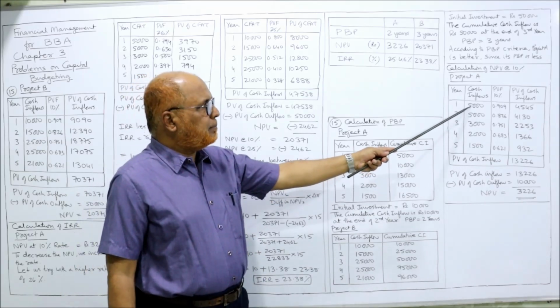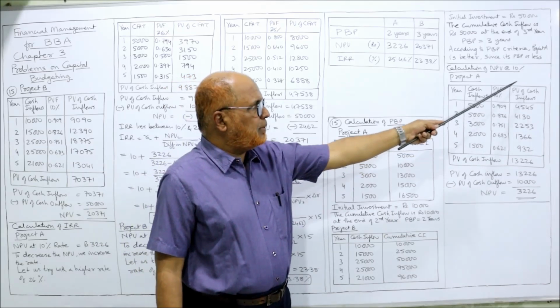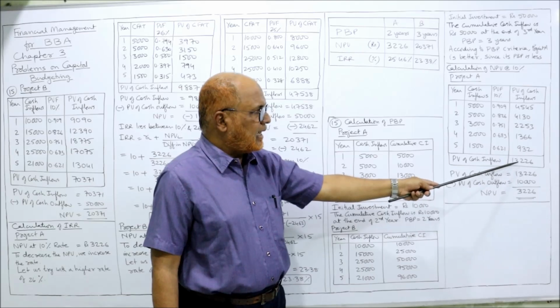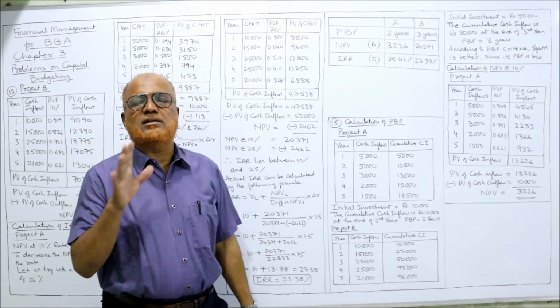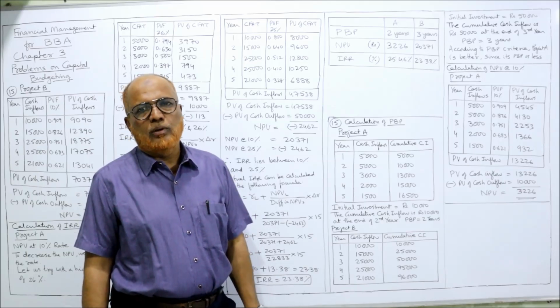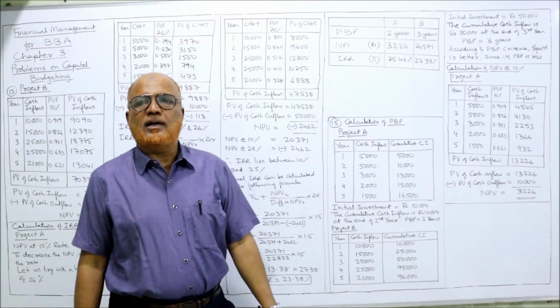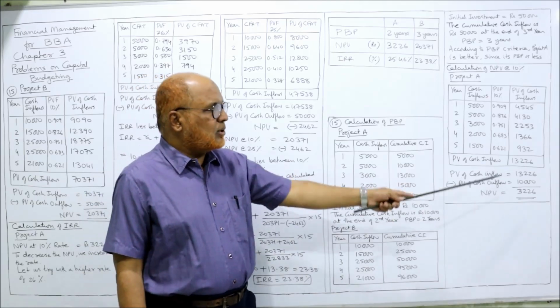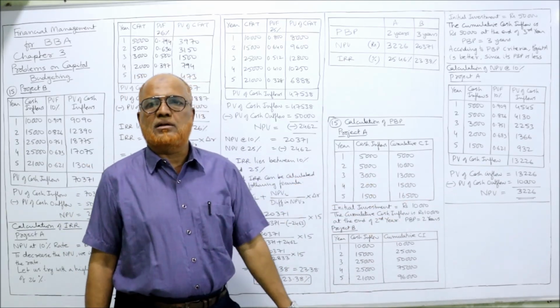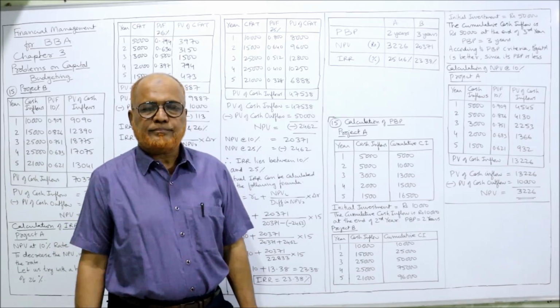Now multiply cash inflows with PV factors, we will get PV of cash inflow 4545, 4130, 2253, and so on. 13,226 is the total present value of cash inflow minus PV of cash outflow 10,000. So 13,226 minus 10,000, you get 3,226, a positive NPV.